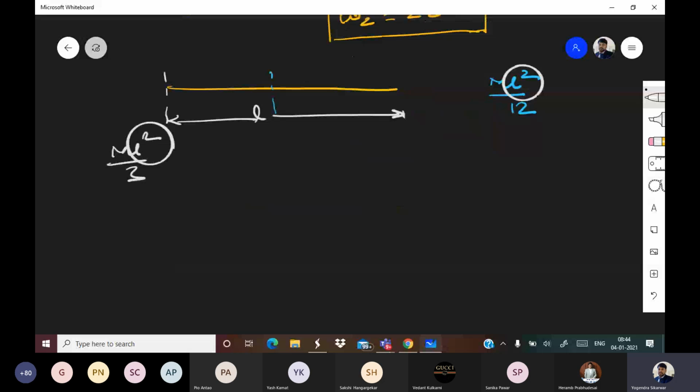So ml square by 3, first calculate that. So I1 is ml square by 3. M is 0.1, L square is 1.5 square by 3.